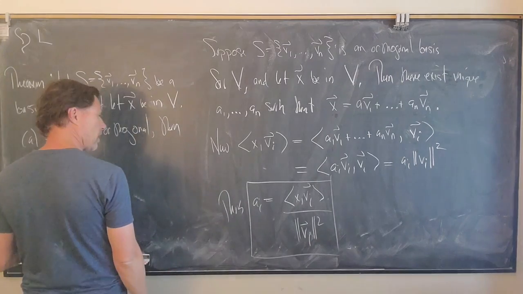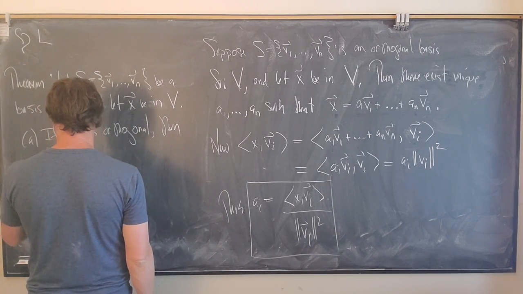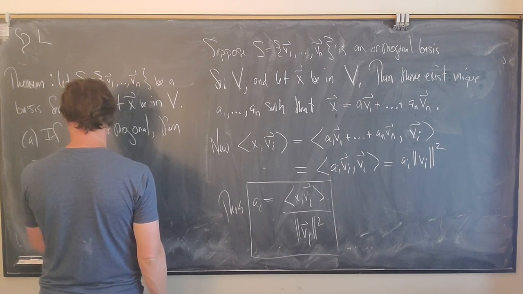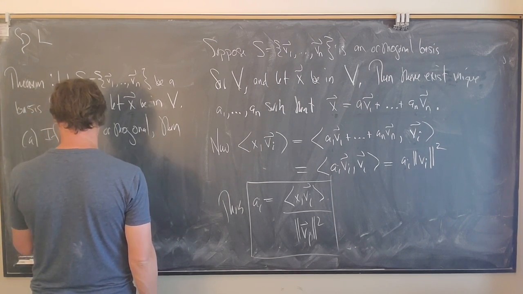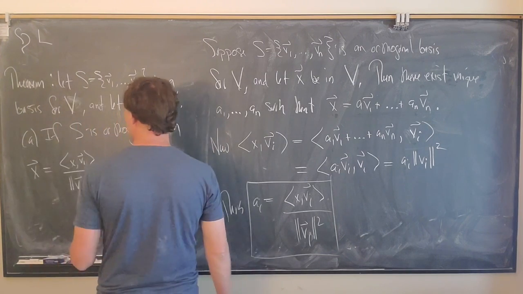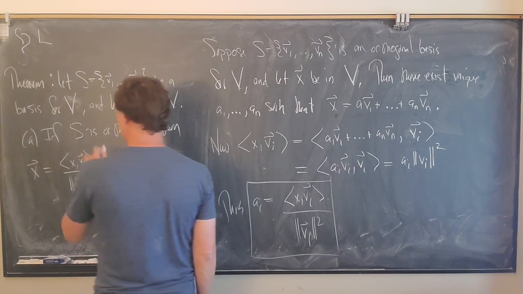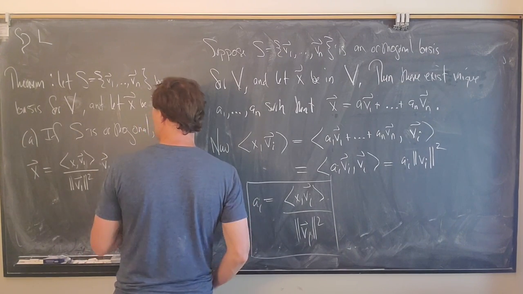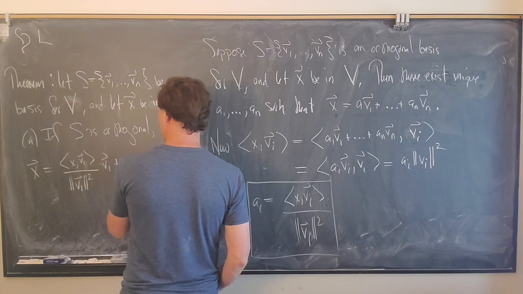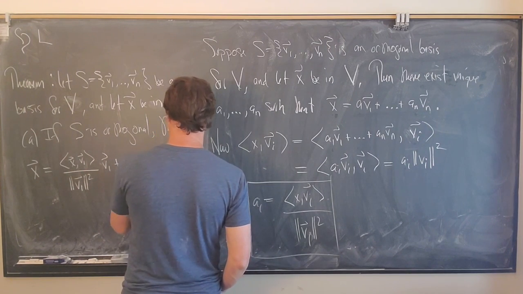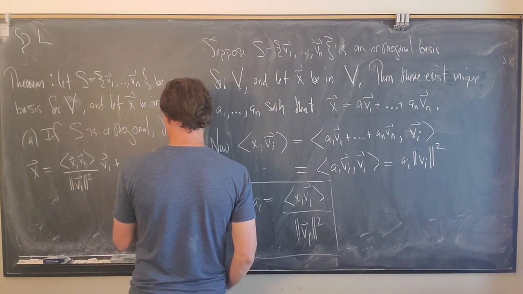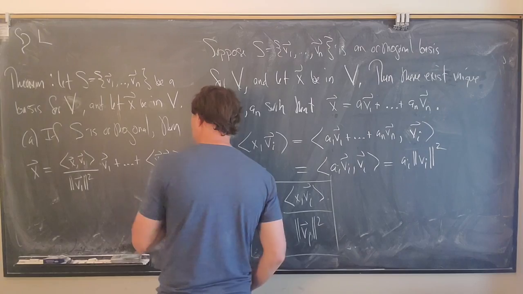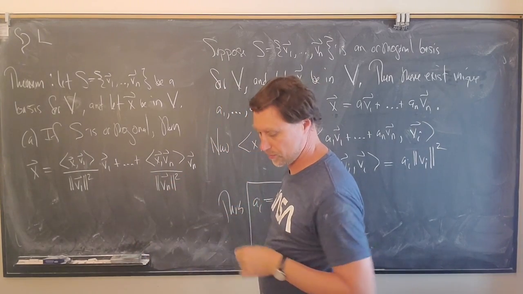And so it would look like inner product of X with V1 divided by the norm squared of V1 times V1 plus dot dot dot plus X inner product with Vn divided by norm squared of Vn times Vn. So it tells us who the coefficients are.